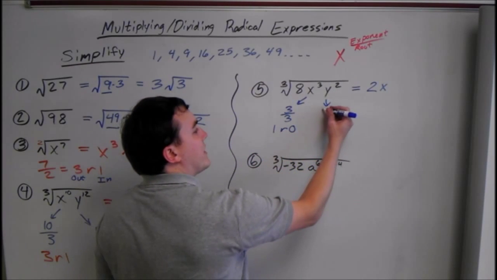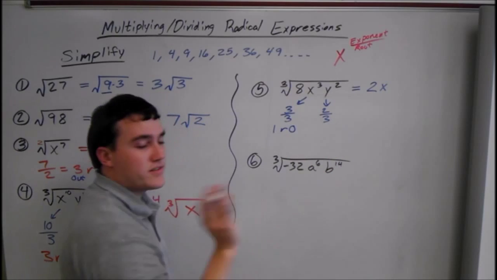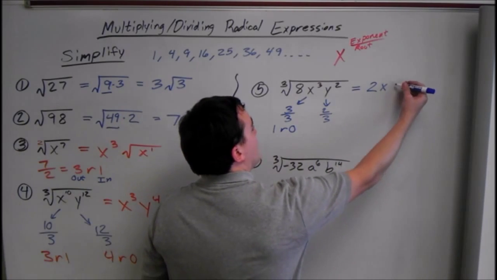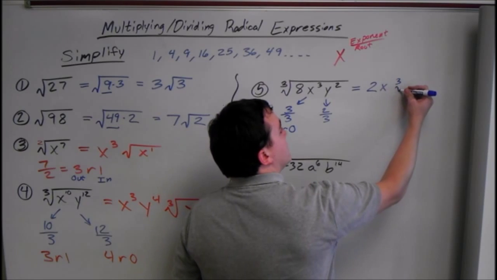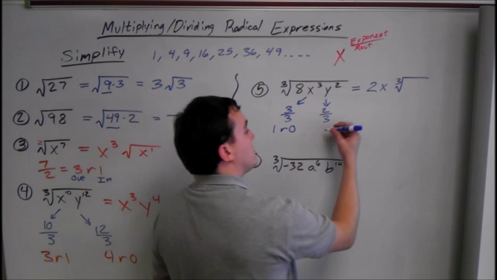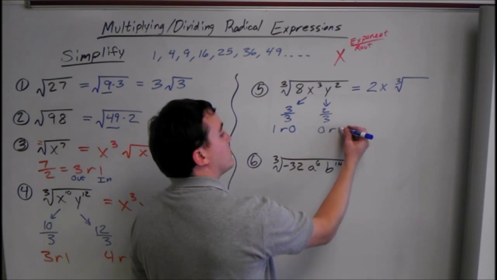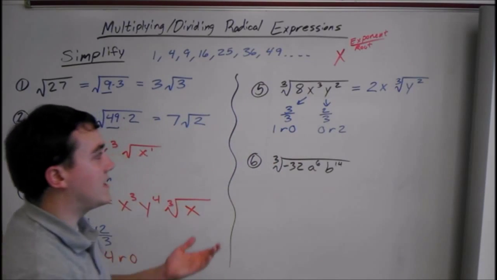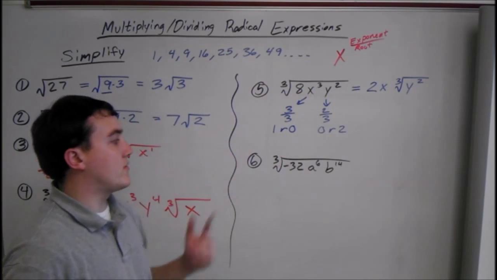For the y squared, we have 2 divided by 3. That's all remainder. We can't take any out. So we have left inside the cube root no x's and 2 y's, because this is 0 remainder 2. So y squared stays inside, because you can't take it out. 2 divided by 3 is a fraction.